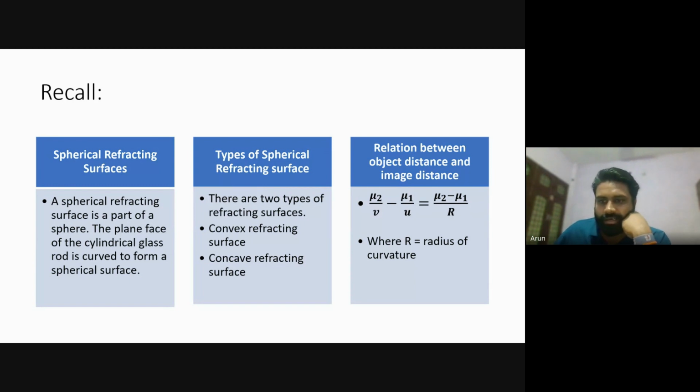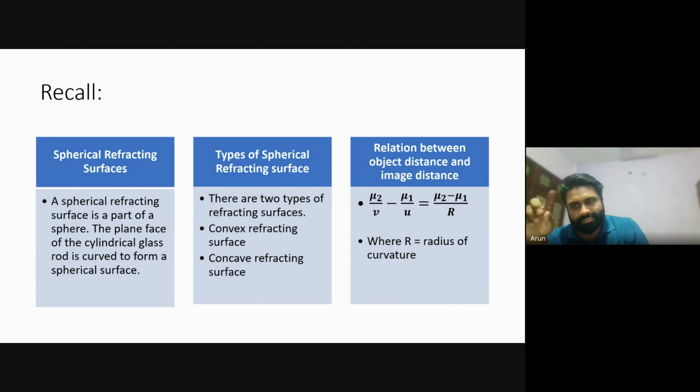If you cut the glass rod so that the front surface is bulging outward, and you can say the radius of the sphere of which this surface is a part lies inside the glass, then it is a convex surface.